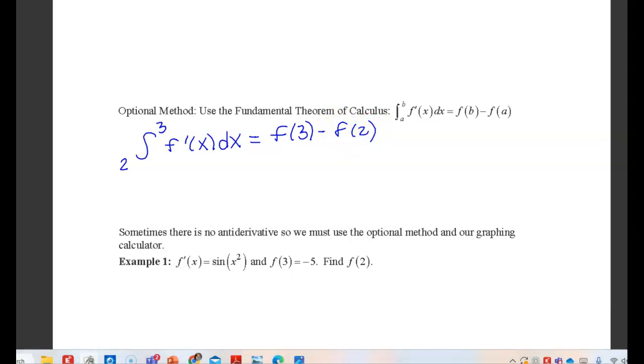And then we're going to plug in everything we know. So we know the derivative. We're looking for f of 3. And we know f of 2 is -1.